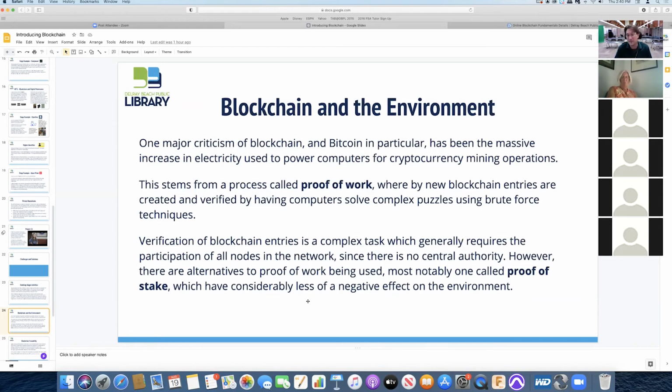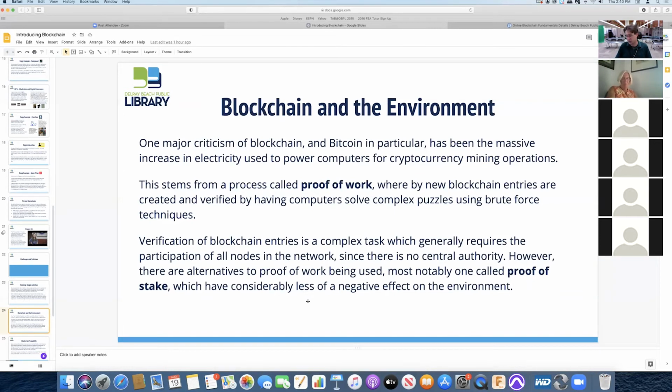Others will say, it's still a lot of energy, and Elon Musk has famously been quoted as no longer accepting Bitcoin because of its environmental consequences, and so there's options for getting away from proof of work, which, like I said, is sort of the main culprit here.